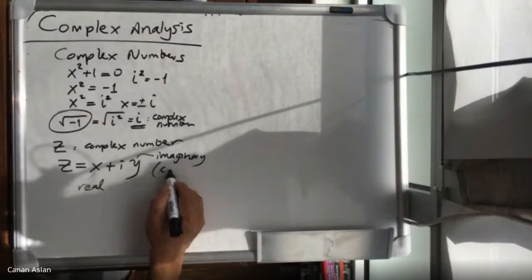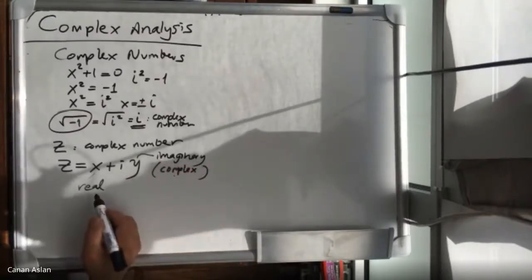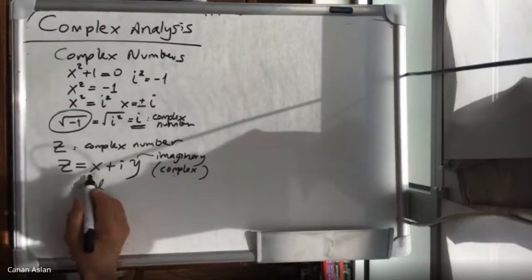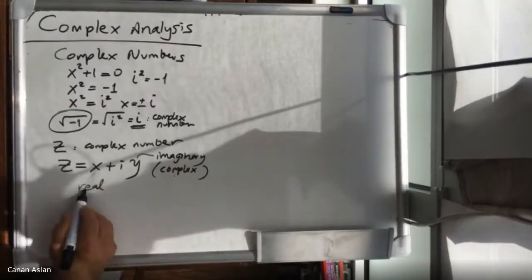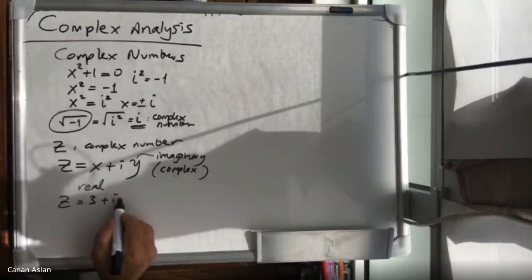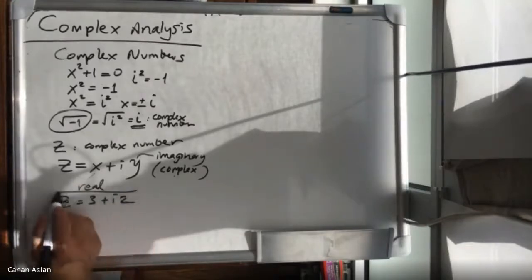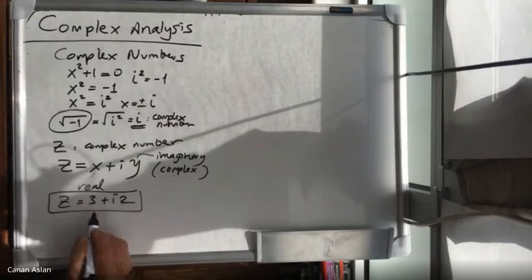Sometimes it's called complex. Imaginary and complex are used for both. So now, for instance, a complex number can be 3 plus 2i, something like that, or 2i.